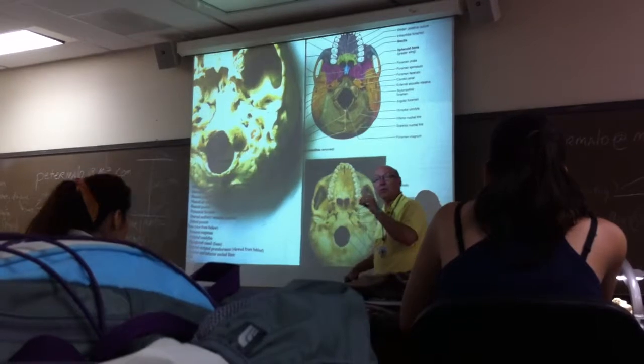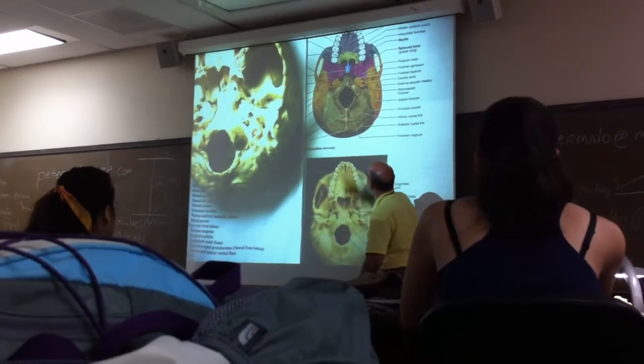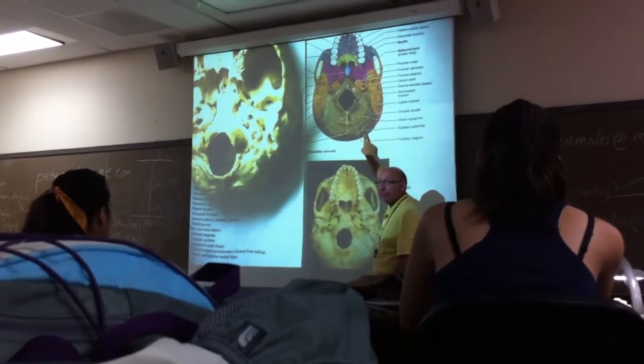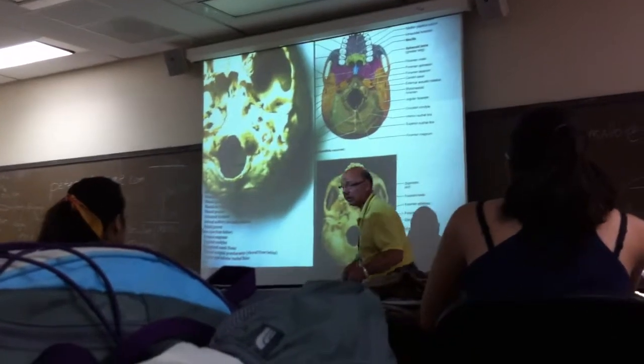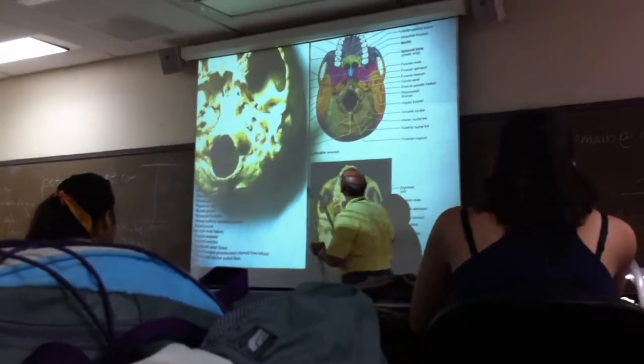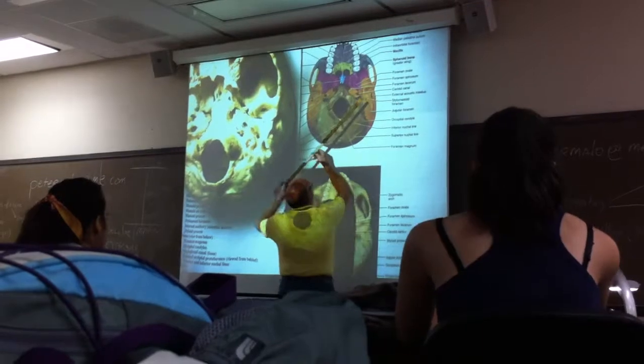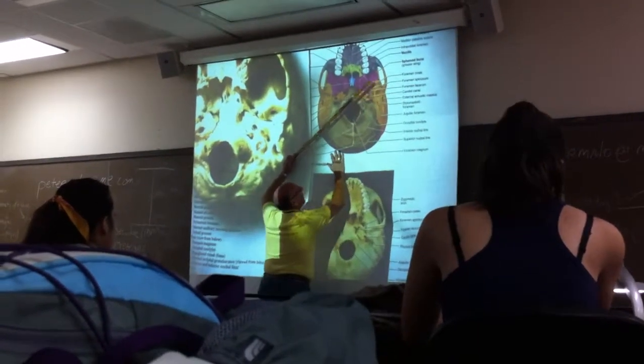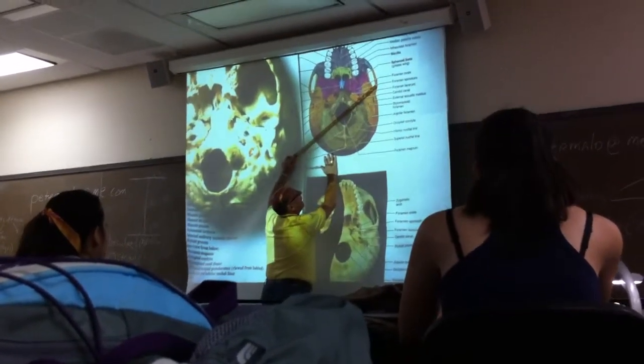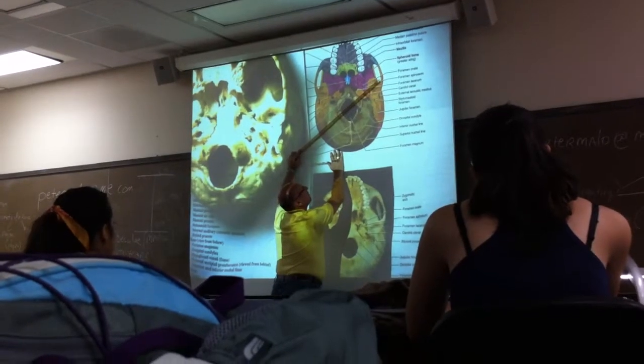All right, using the foramen magnum and this picture, what I want you to do is to take a pencil or whatever you've got, and draw a diagonal line, okay? And here's where I want you to go.